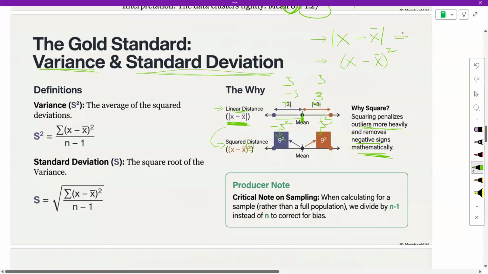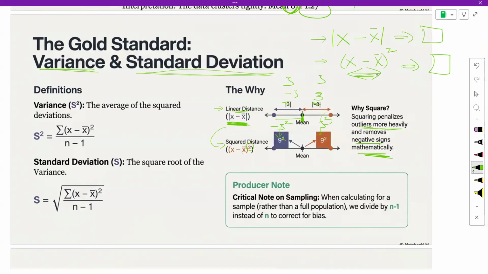So here also we get a positive value. But mathematically this is stronger, it removes the sign, and squaring the differences works fine for extreme data sets, extreme variations.